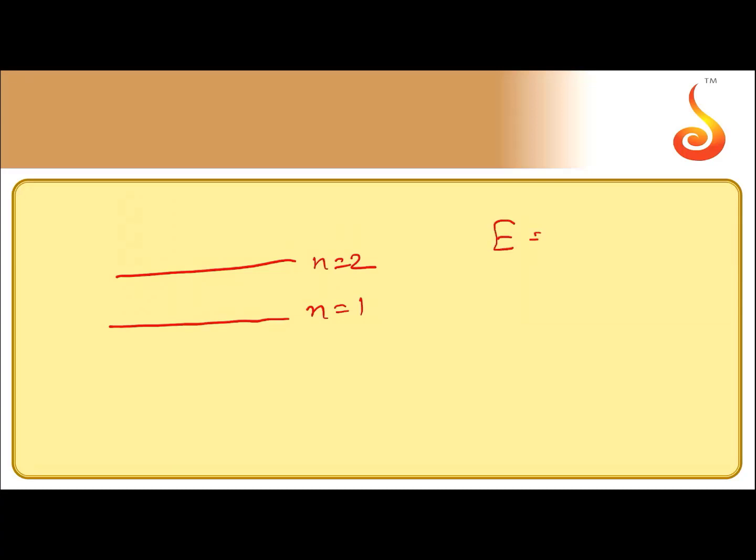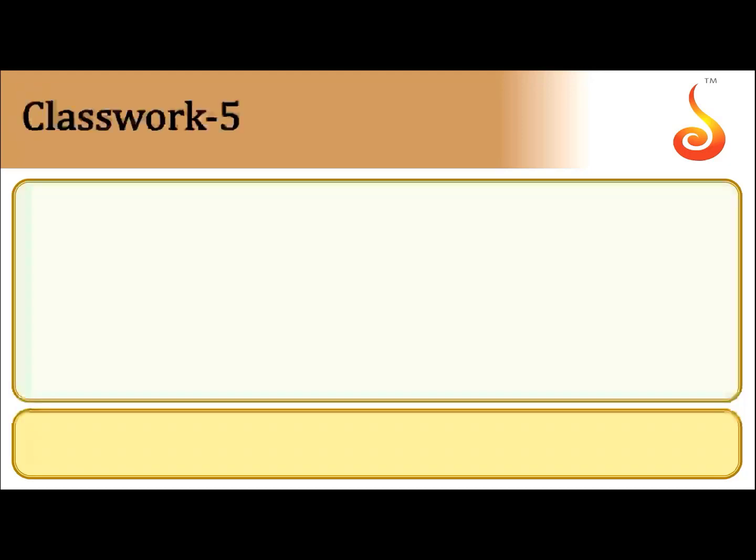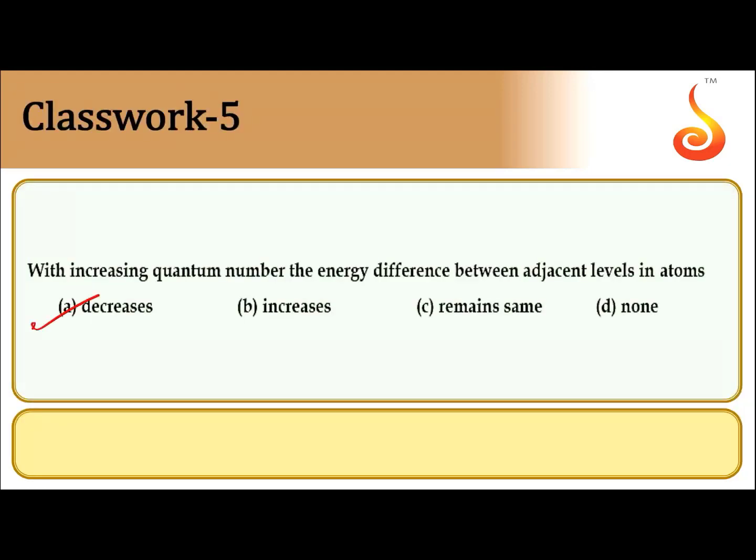And if you look at this equation, this is minus 13.6 electron volts divided by n squared. So the gap goes on decreasing as you go to the higher quantum numbers, or say principal quantum number. So the gap goes on decreasing. A is our correct choice.